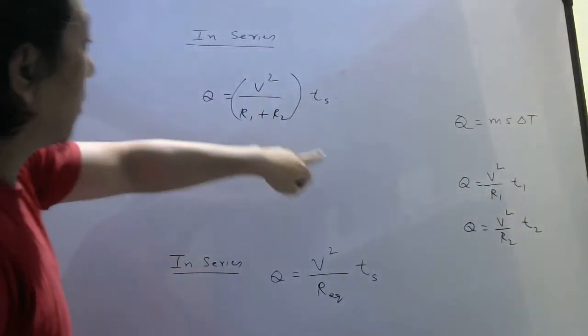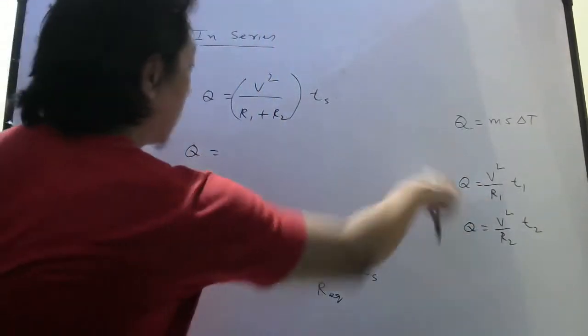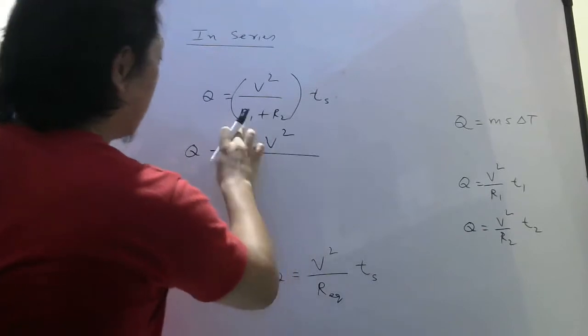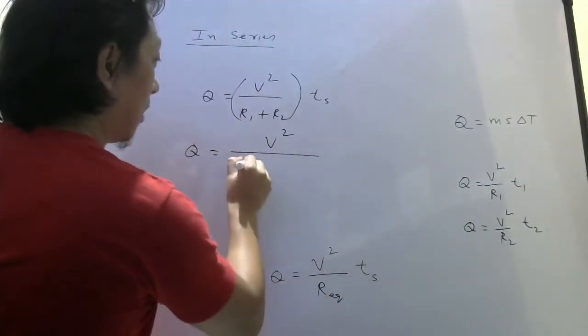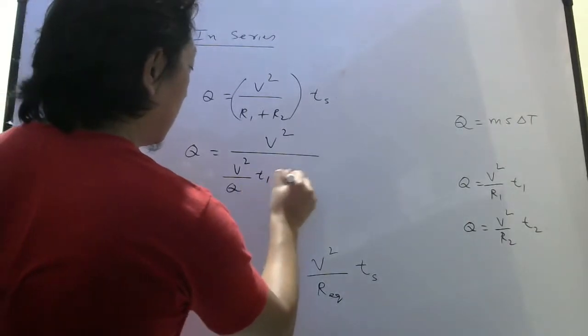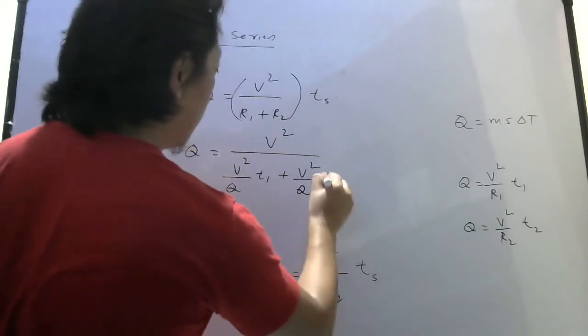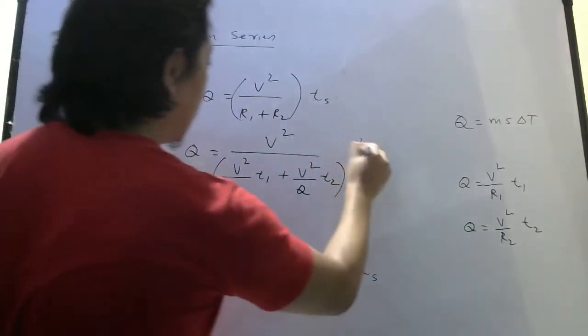So look carefully what I can do. For R1, look at the first equation. For R1, I can write V square by Q into T1, plus V square by Q into T2, times Ts, right?